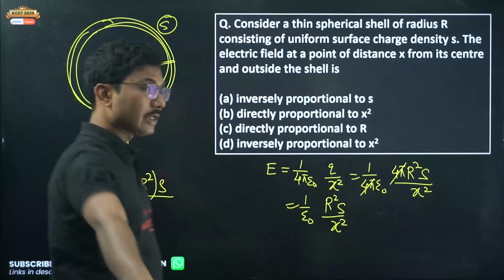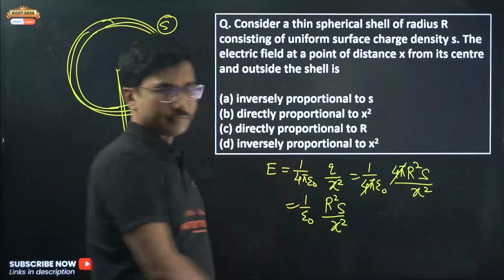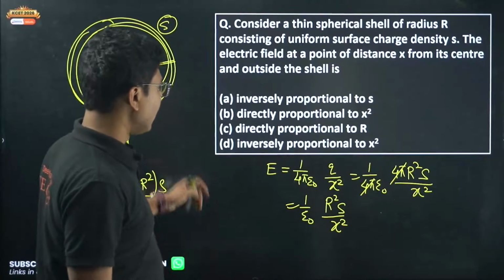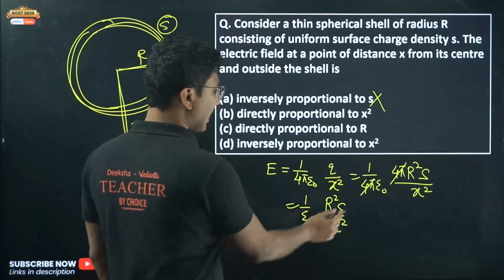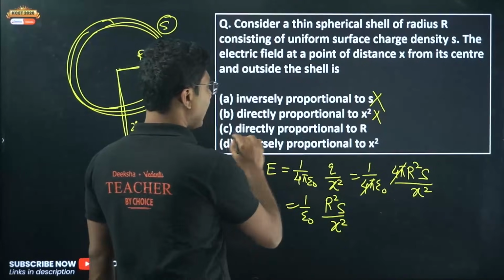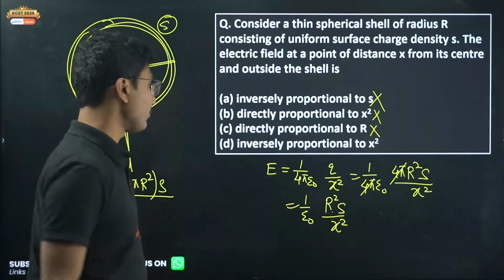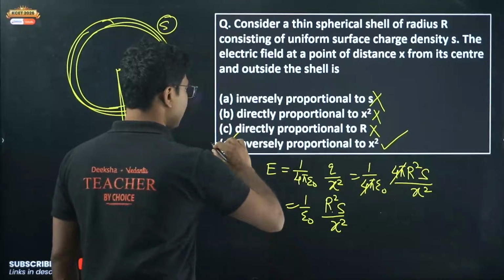You can consider this as a formula as well. Here, as you can see, inversely proportional to S is wrong, it is directly proportional. Directly proportional to x square is also wrong. Directly proportional to R is also wrong because it is directly proportional to R square. Inversely proportional to x square is correct. So the correct answer is option D.